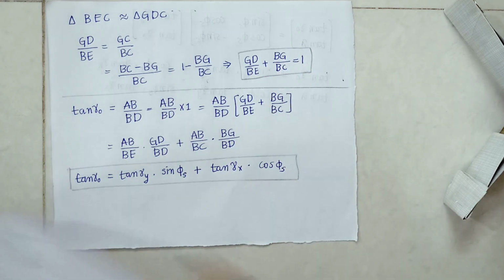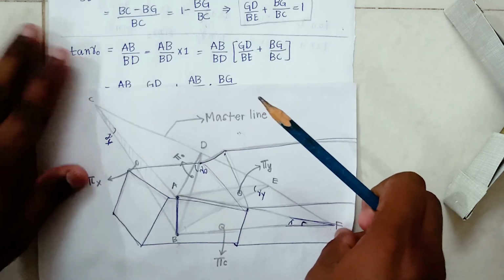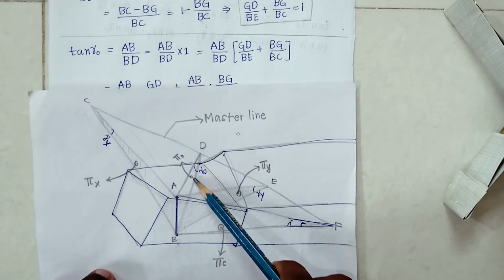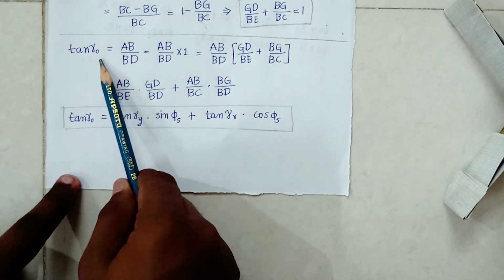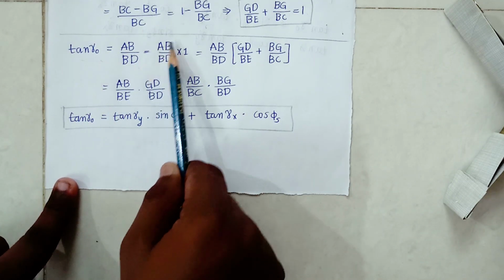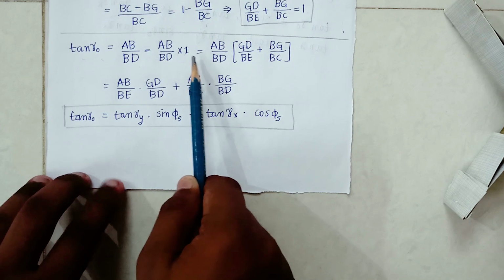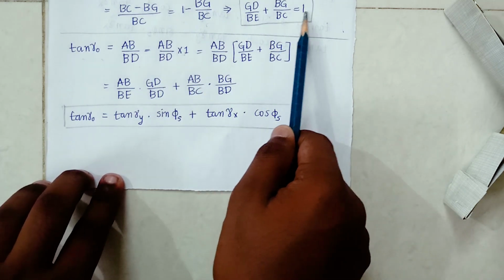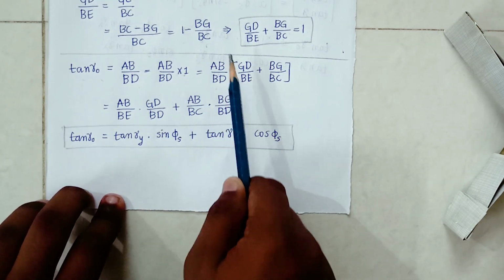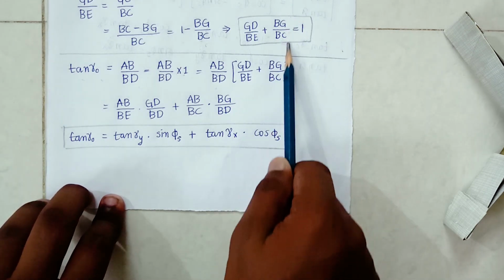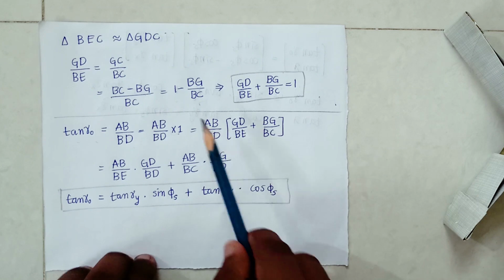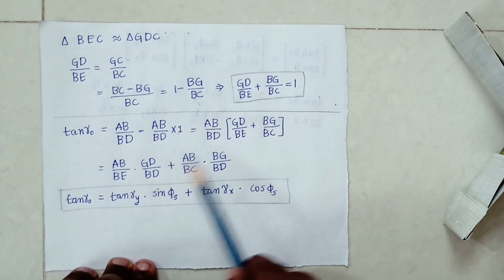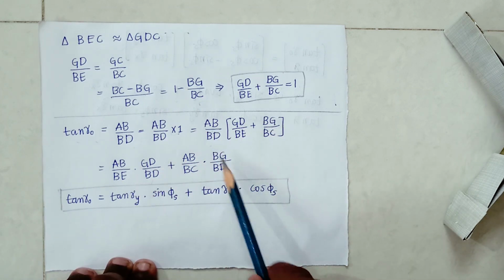Now if you look at this diagram, tan gamma O is equal to AB by BD, which is equal to AB by BD into 1. This one I can substitute with this one, so I can write AB by BD into GD by BE plus BG by BC. So I can rearrange some terms: AB by BE into GD by BD plus AB by BC into BG by BD.